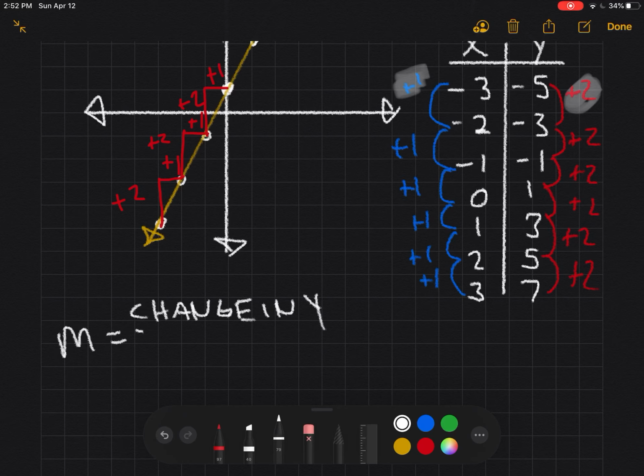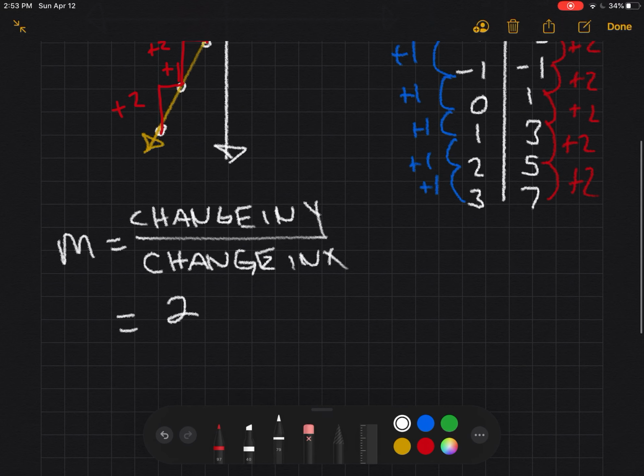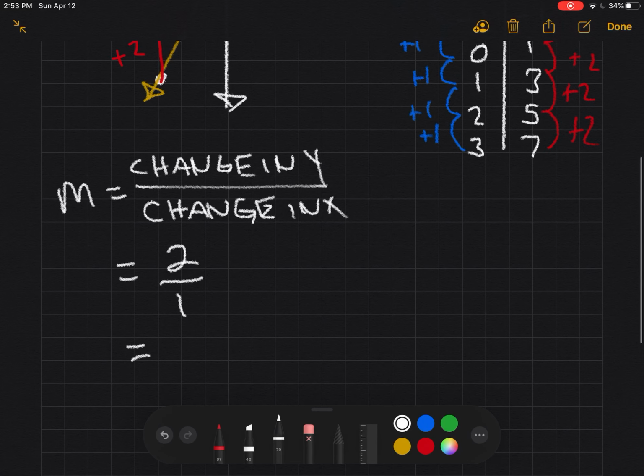So if we look at it this way, the slope of a line is defined as the change in y over the change in x. So in this particular line, the change in the y direction, we add 2. In the change in the x direction, we add 1. So the slope of this line is 2.